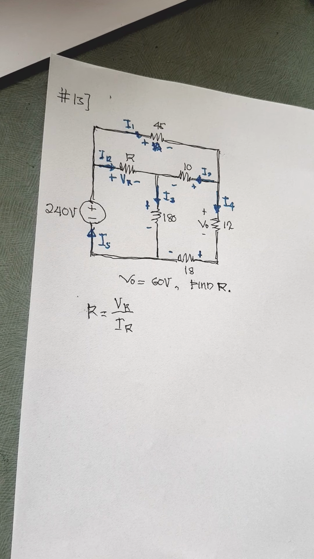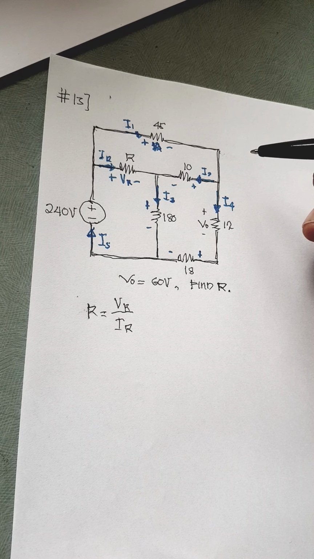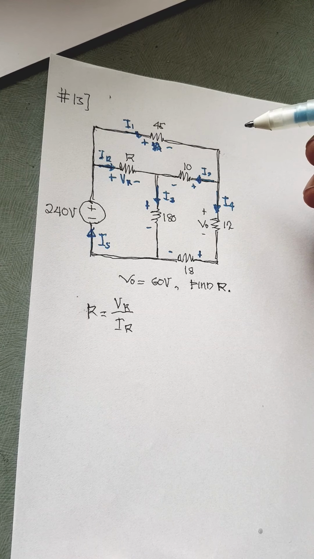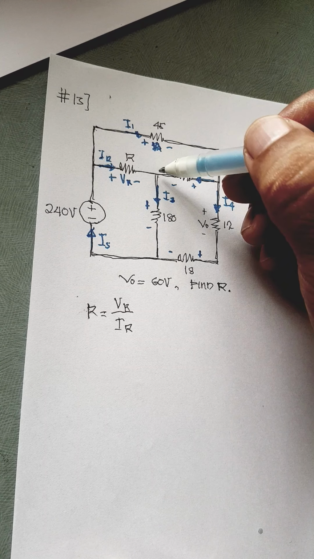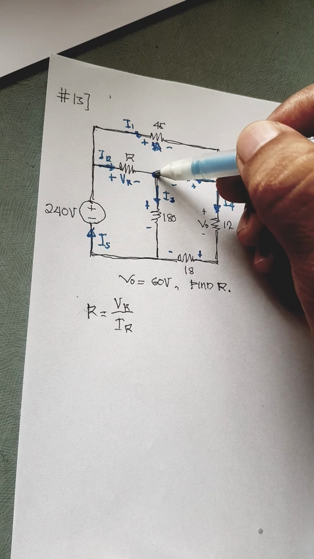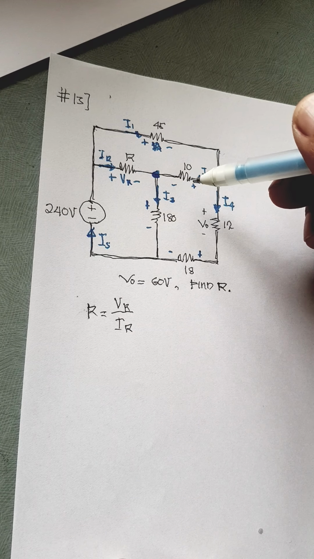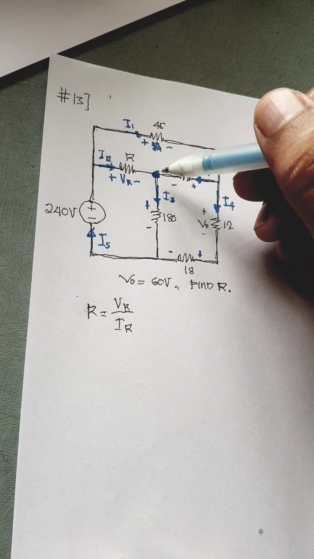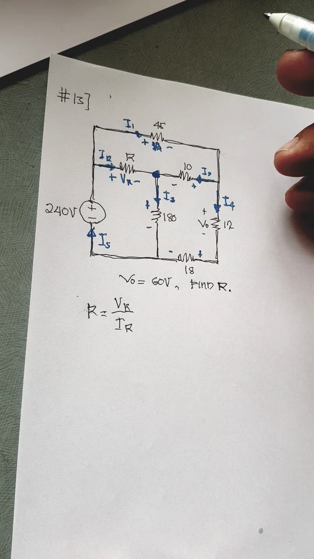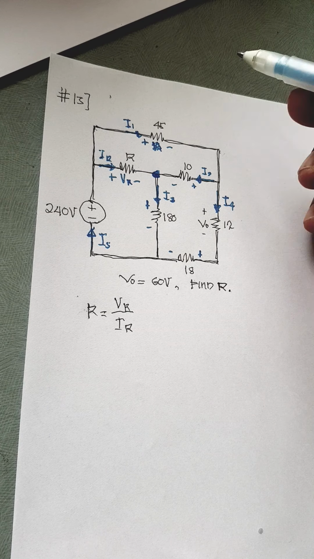Okay, let us now start. So where can we get a current or a voltage? Now if we are going to have a KCL here, we cannot get anything because the currents going towards the node and going away from the node are not given.